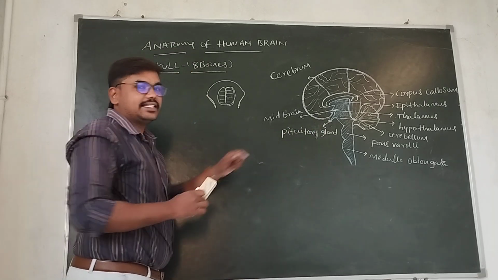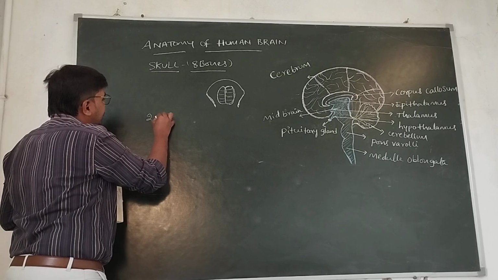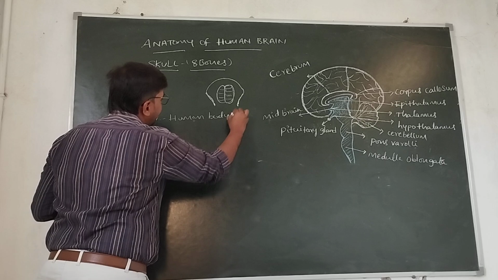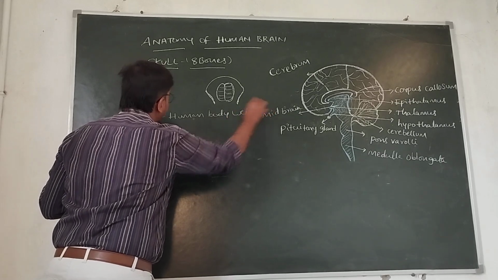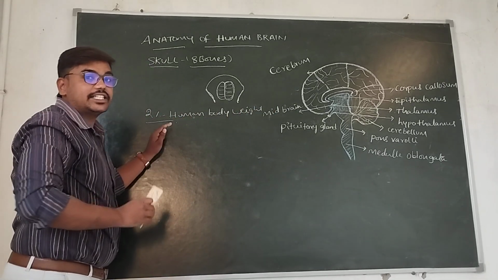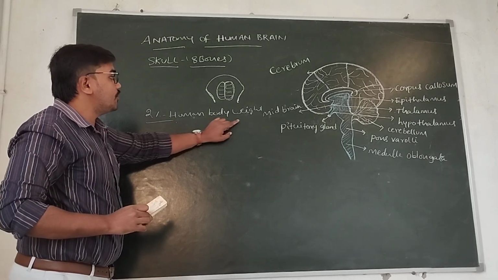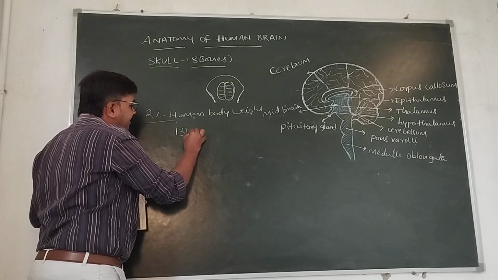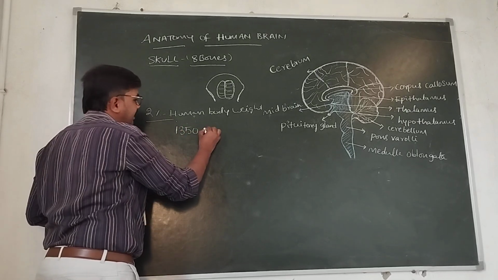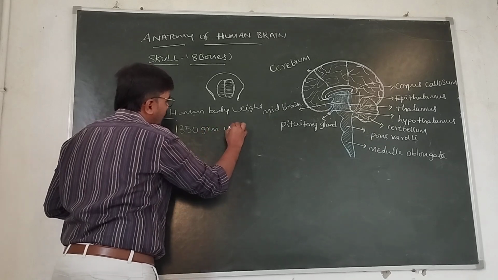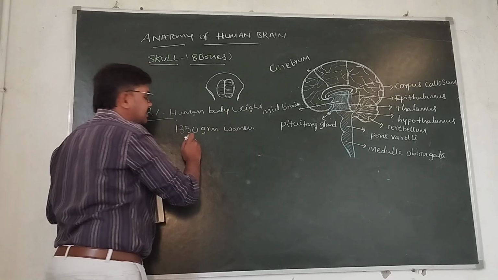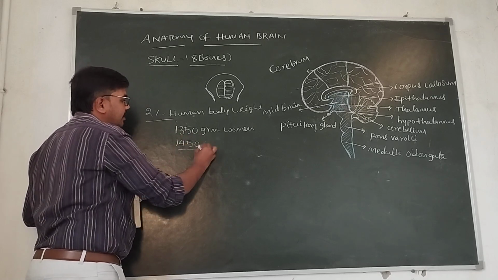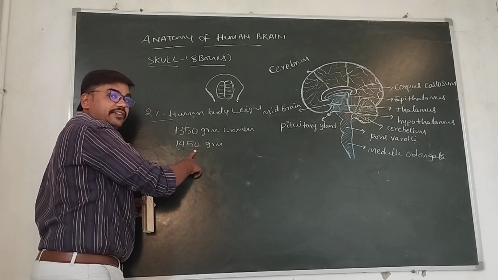Next, a brief explanation about the structure of the brain. Generally, the brain occupies 2% of human body weight. For example, in women the brain weight is 1350 grams, but it is slightly higher in men, 1450 grams.